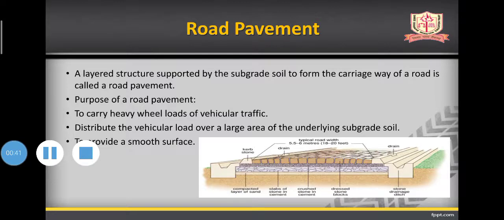Road pavement. So what is road pavement? A layer structure supported by a subgrade soil to form the carriageway of the road is known as a road pavement.